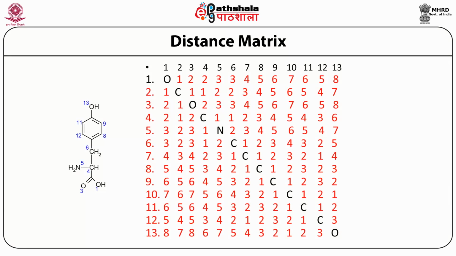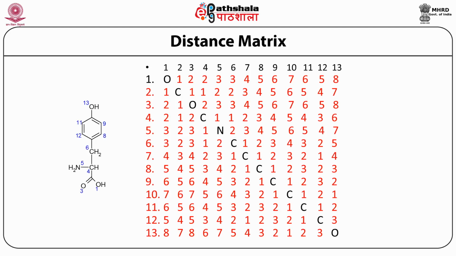Here is an example of one of the topological indices, called the distance matrix. The numbers written on the rows and the columns show the atoms. If you look at one of the atoms, like number 6, it is connected with 1 by 3 bonds.